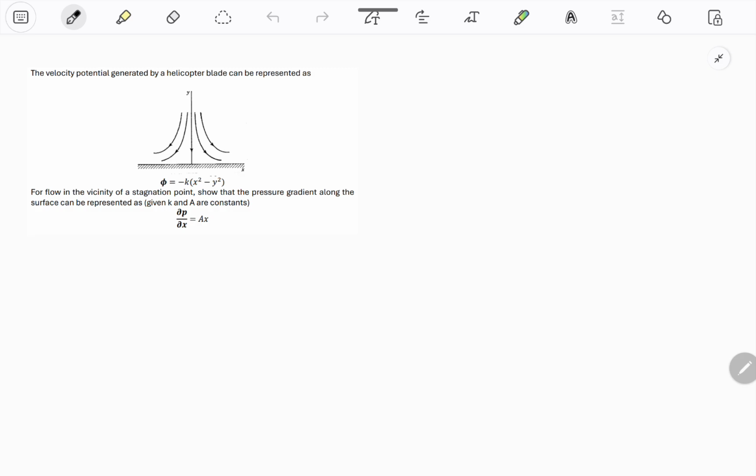So for our velocity potential, we have a beautiful formula that we can use that says u is equal to the partial of that all over x, and then v is the same in y.